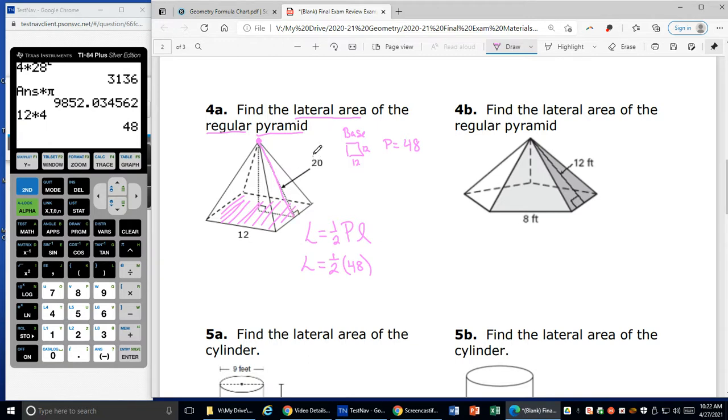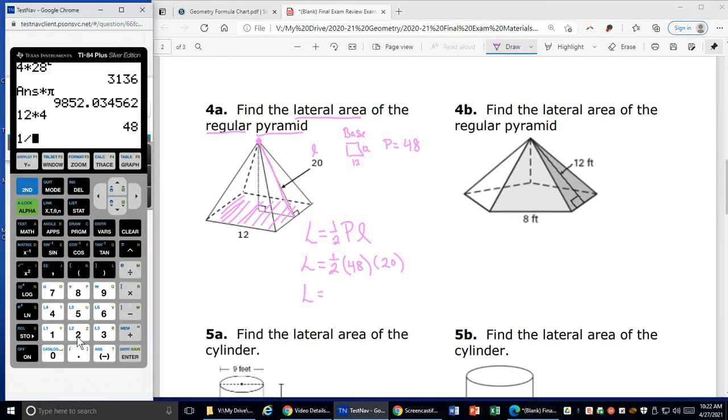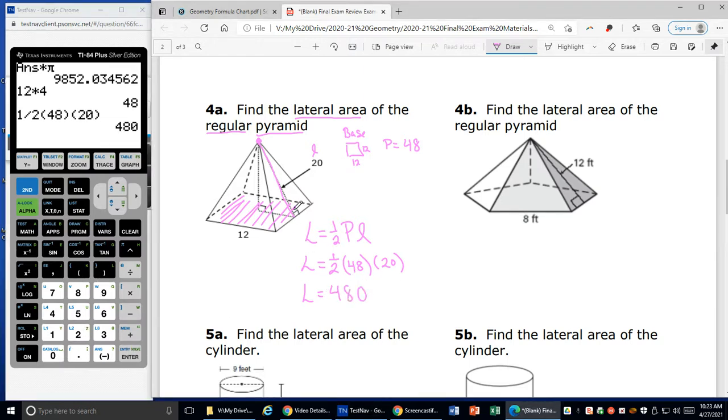So that is going to be 20. So my lateral area is 1/2 times 48 times 20, which is 480. And I don't have units on my numbers here, so I'm just going to say units, and it's an area, so squared.